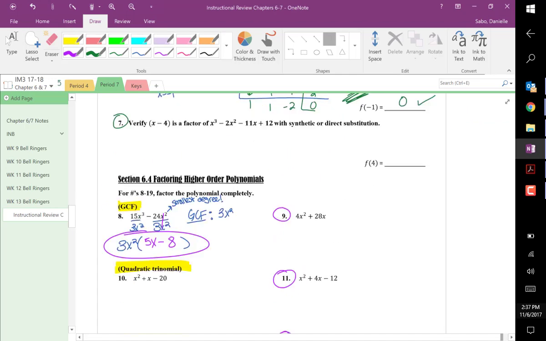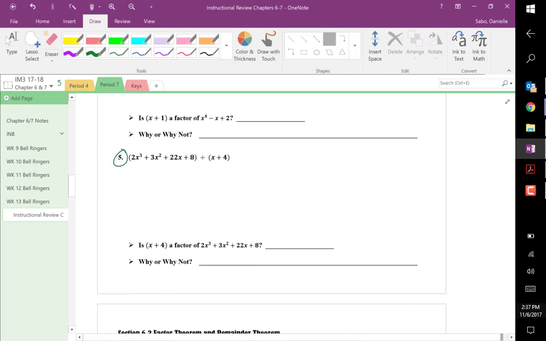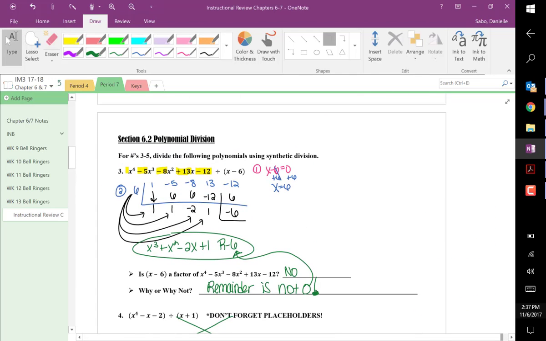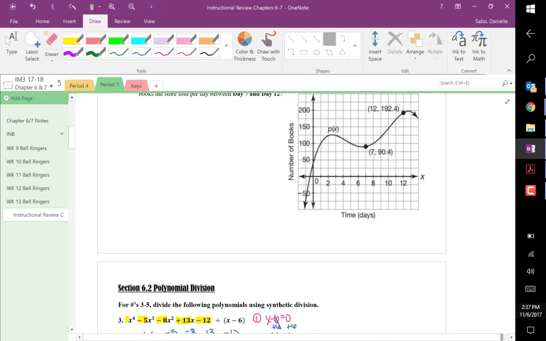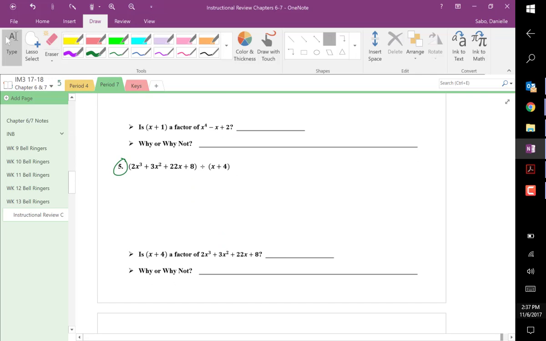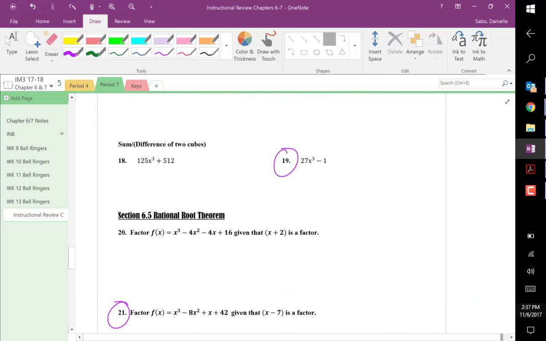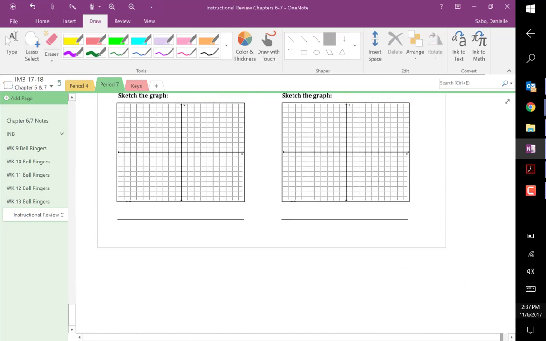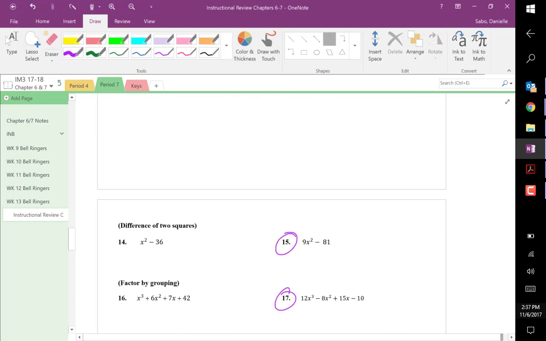From 9 on, 7 on, 5 on. So you have to do 2, and then 5 through the rest, all odds. So again, if you want to move ahead, please do so.